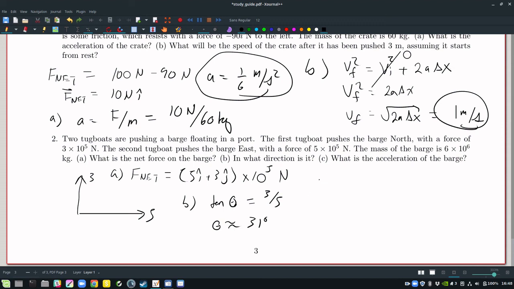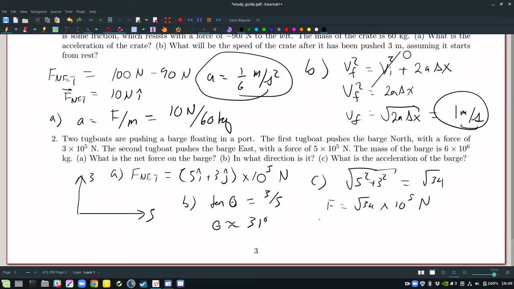And then we're looking for the acceleration of the barge, but to do that we'll need the magnitude. So that's going to be the square root of 5 squared plus 3 squared. That's about the square root of 34, and it's really times 100,000 newtons. So F net is about root 34 times 100,000 newtons, and we have the mass.